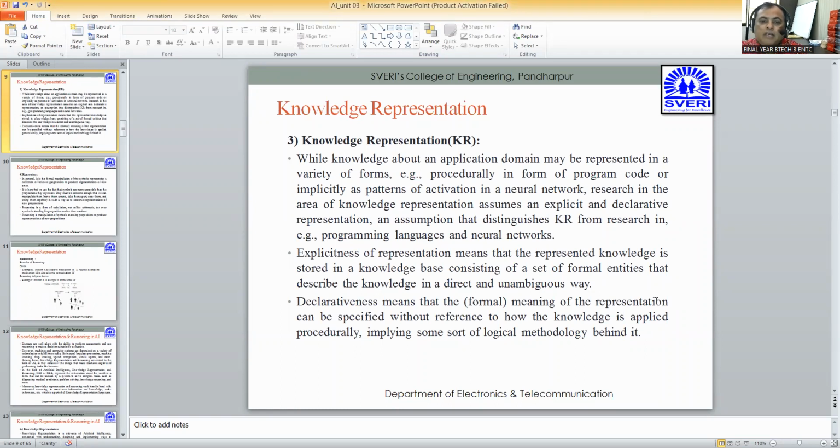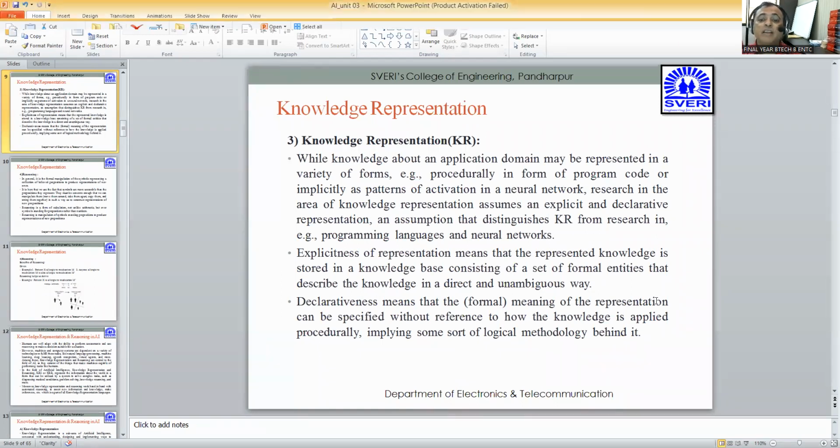Declarative means that the formal meaning of a representation can be specified without reference to how the knowledge is applied procedurally, implying some sort of logical method behind it. When you apply knowledge to a particular application domain, there has to be a reason how it is applied, why it is to be applied.